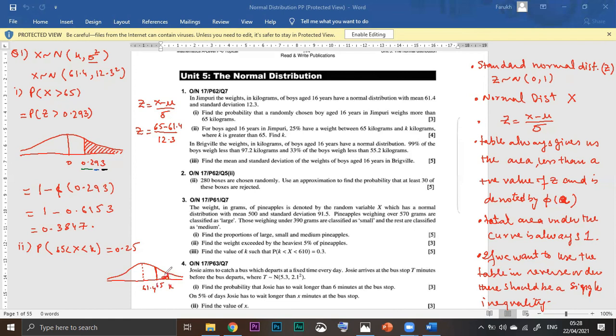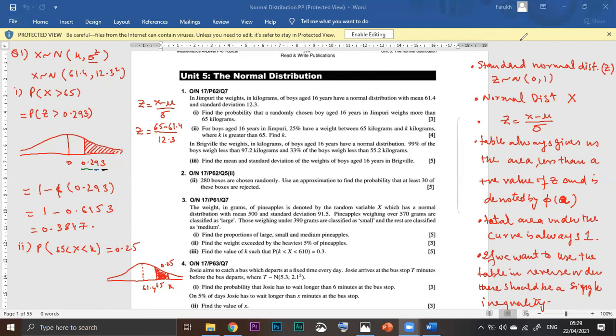This area is 0.25. Can you tell me what's the area less than 65? 1 minus 0.25. So it's the same.